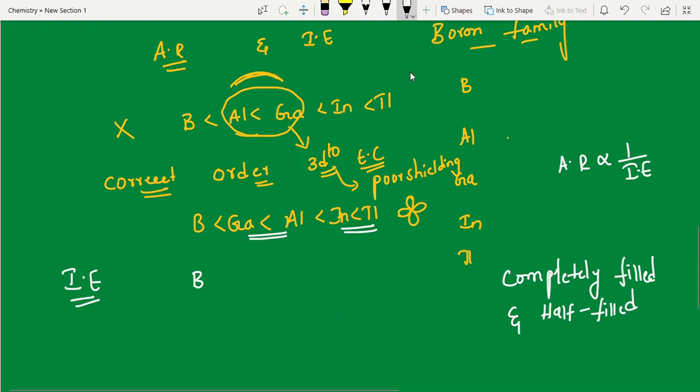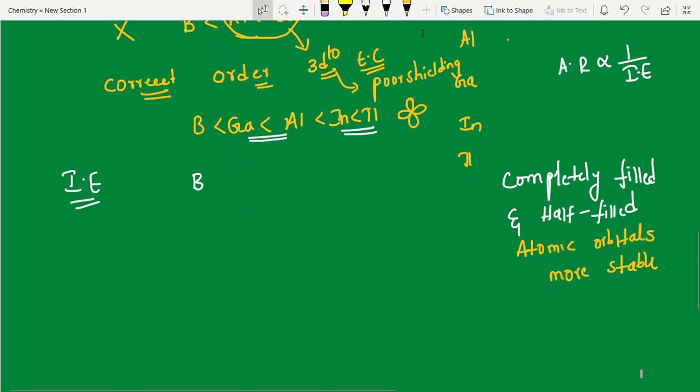If you have any queries, I have made one video on electronic configuration, please see it. Completely filled, half-filled atomic orbitals are more stable. If more stable, removing an electron is very difficult. If it is stable, it is not ready to lose, right? So it is not ready to lose.